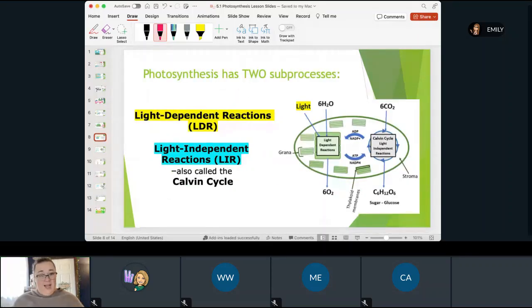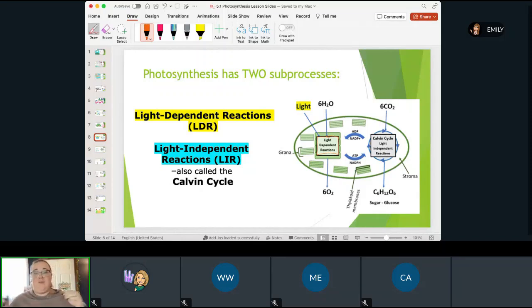So, as I said, photosynthesis has two sub-processes. Think of it like a part A and a part B. The light-dependent reaction, or the LDR, takes place first, and that takes place over here in the stack.